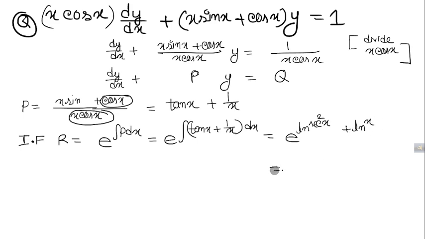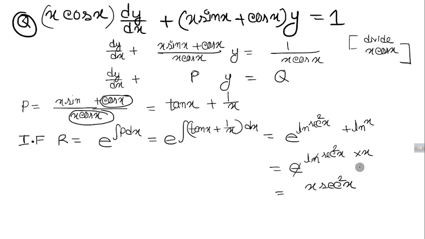Now as these two terms are a sum of two ln, we can write sec x into x, and again you can think that e and ln cancel out because they are opposite functions to each other. So I will have x sec x.